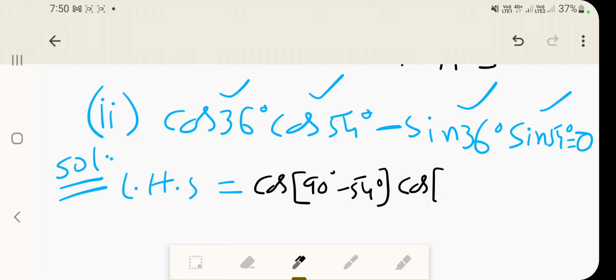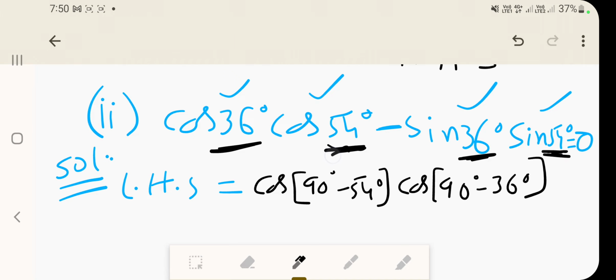Cos 54 can be written as cos(90 − 36). How are we able to write 54 that way? It is 90 minus 36, because here they have given 36. The sum of 36 plus 54 is 90. So that's why, by looking at the other two terms, we have to do the modification or change.